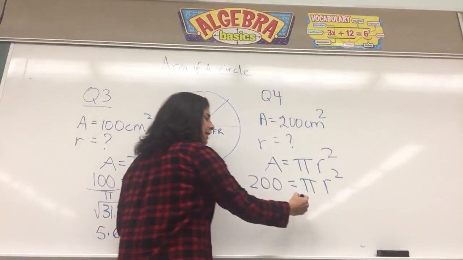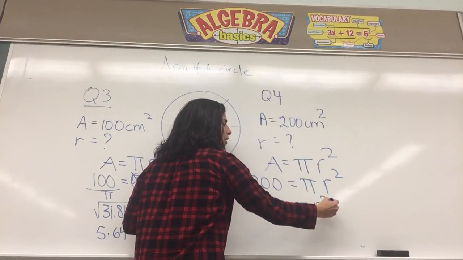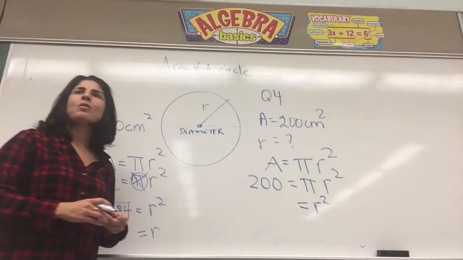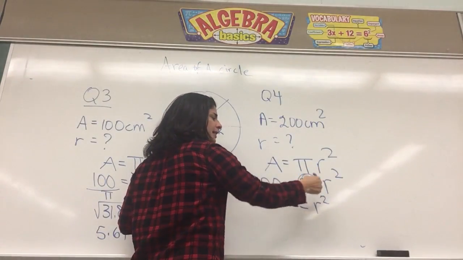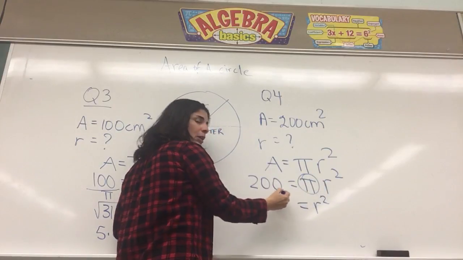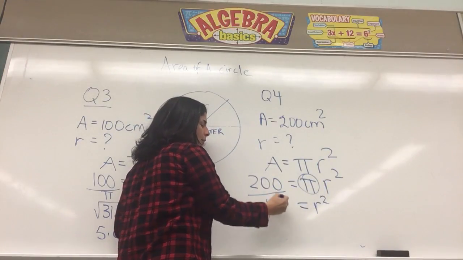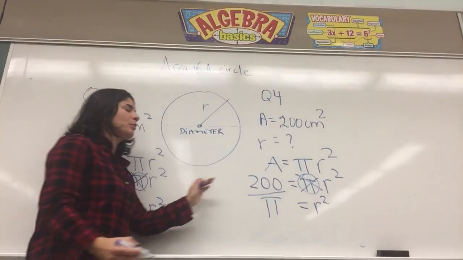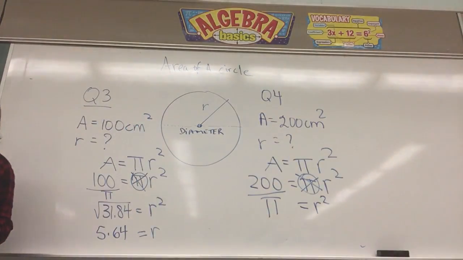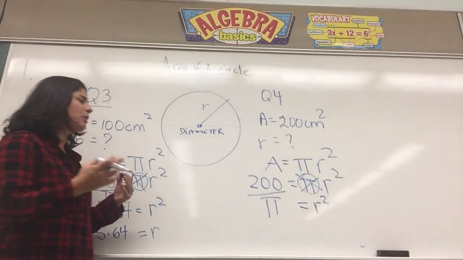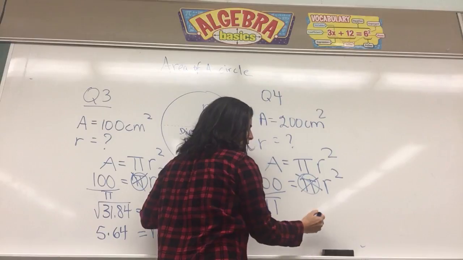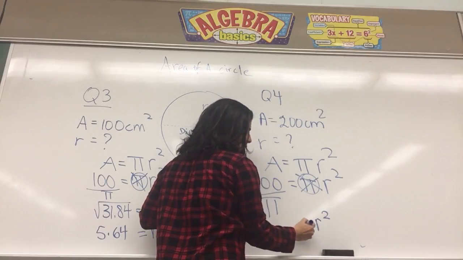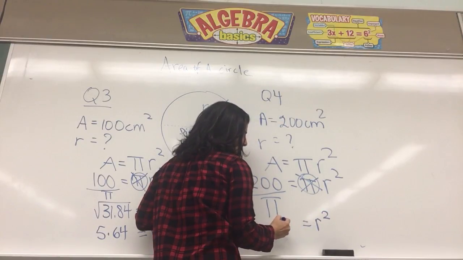I know that the next step, I can get radius squared by itself. How? Yeah. Good. Since it's multiplied here, pi can be removed by dividing by pi. So we need to remove it. Place it under the 200. And now you have 200 divided by pi. Who can tell me what that is, 200 divided by pi? Because it's going to leave me with my radius squared. 63.69.